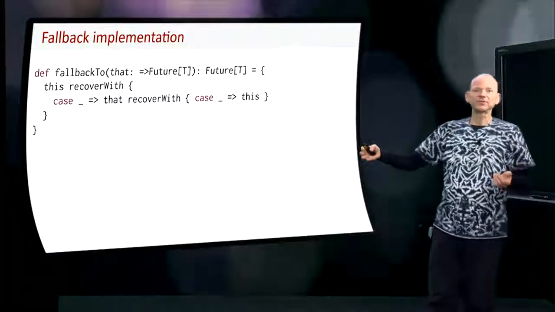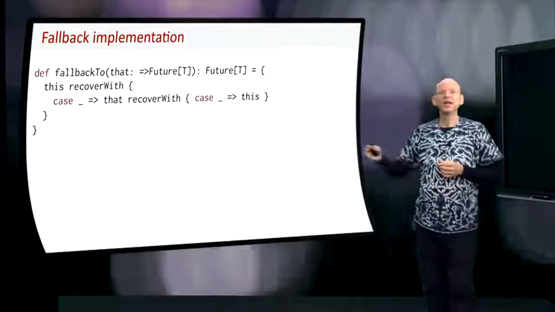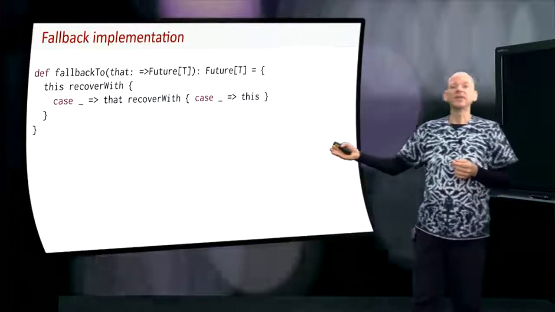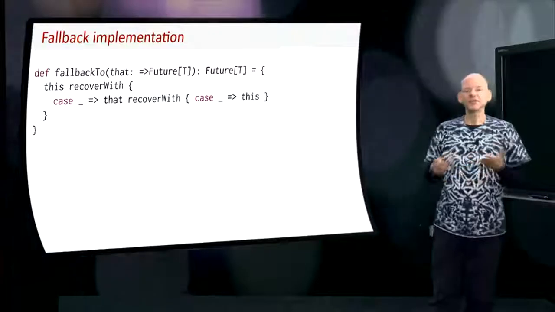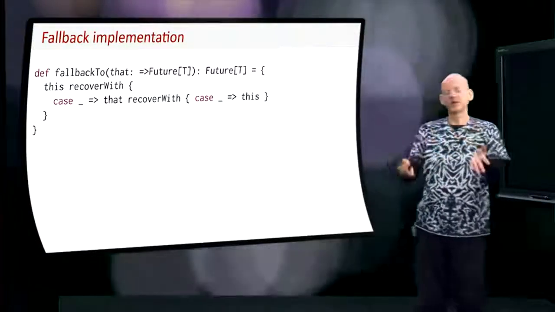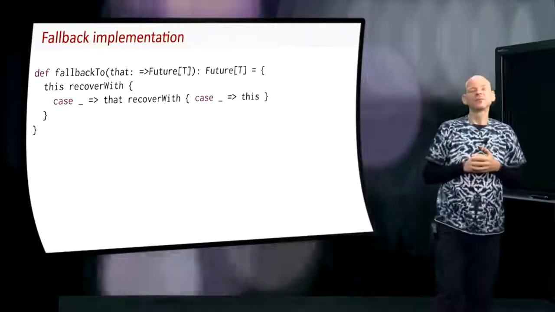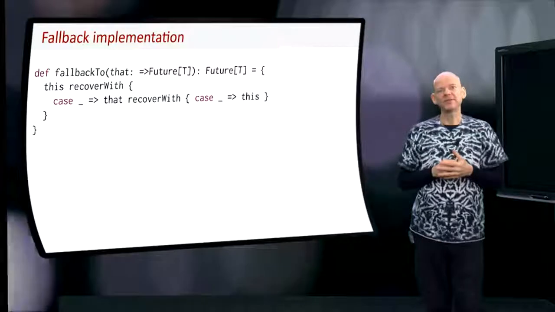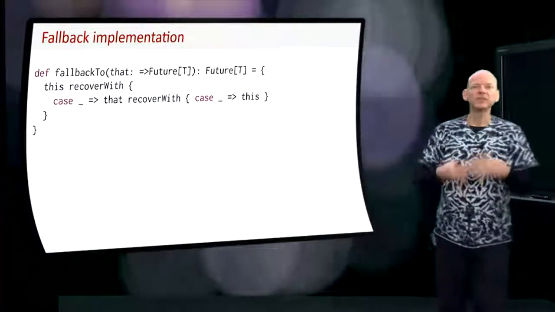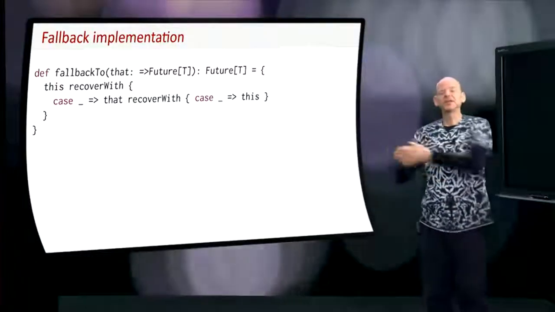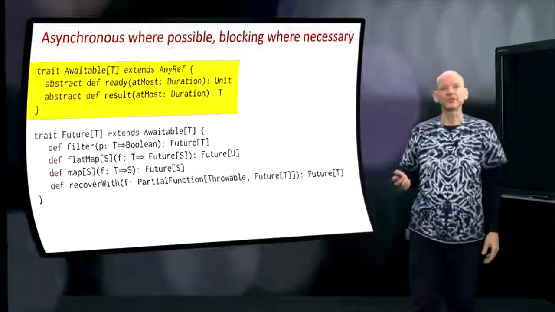In that case, we just throw away the error message, and then we try that, and if that fails, we recover with this, and this is a future, but we know that it failed, so everything goes right. Look at this code for a few seconds, and you have to admit that this is beautiful. So you try this, if that fails, you try that, and then in the end, if both fail, we just return this.